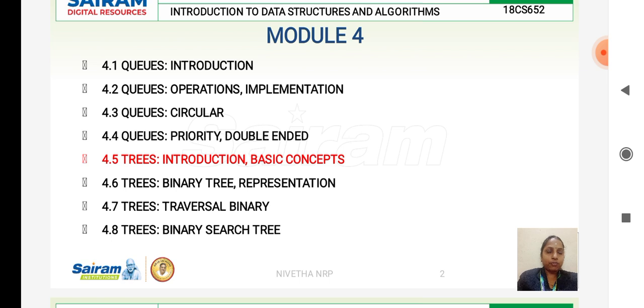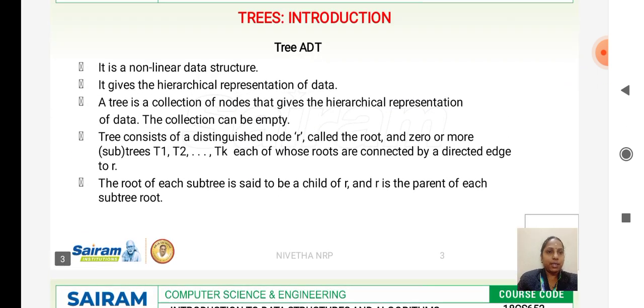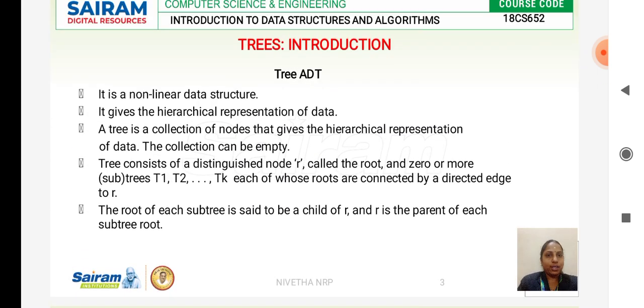The other type is non-linear data structure, where the data is not arranged sequentially but randomly. Examples are tree and graphs, and we'll discuss the tree under the next half of the fourth module. Under that, we'll discuss the basic concept of tree in today's session.